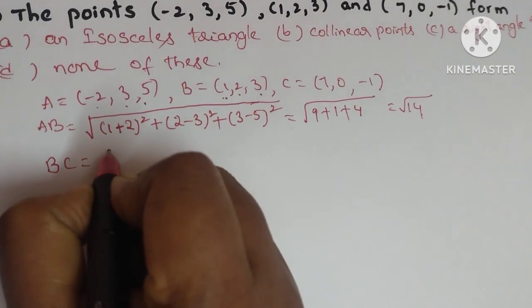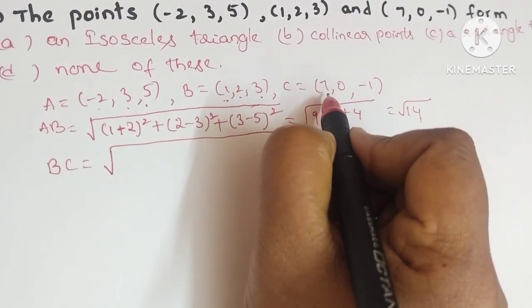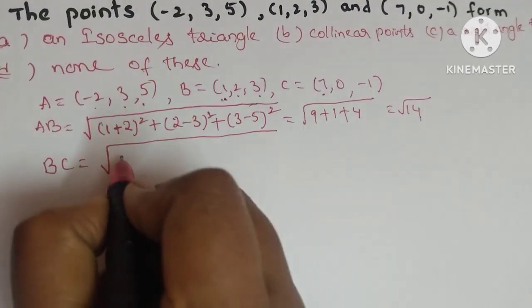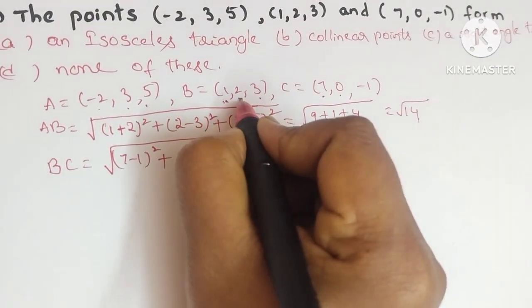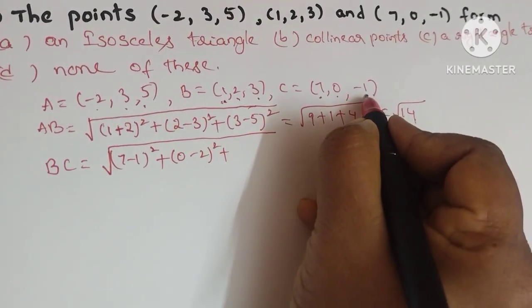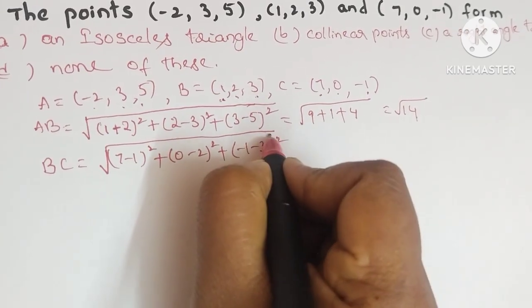Then BC length. Distance between B and C, find now. Now for B and C, we take C as x2 and B as x1. So (7 minus 1) whole square plus (0 minus 2) whole square plus (minus 1 minus 3) whole square.